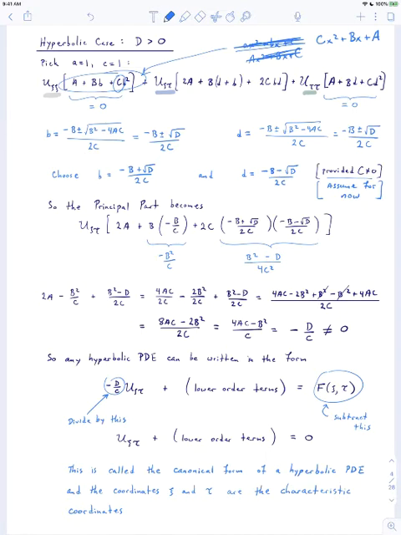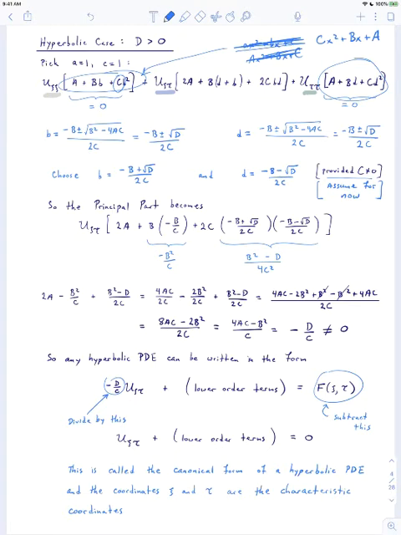So we have the same sort of thing going on over here, the coefficient for u sub tau tau. In this case, the variable, so to speak, is d. So this is quadratic in d, so we can use the quadratic formula, and we get something very similar: minus b plus or minus the square root of the discriminant over, again, 2c. Now we can choose b and d to be whatever we want, so long as ad minus bc is not equal to 0.